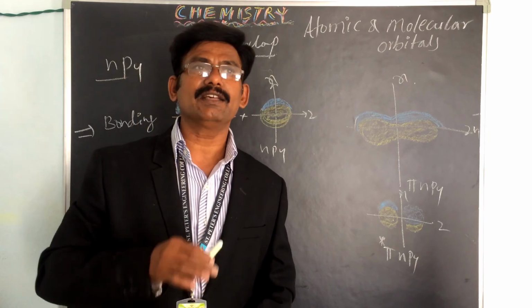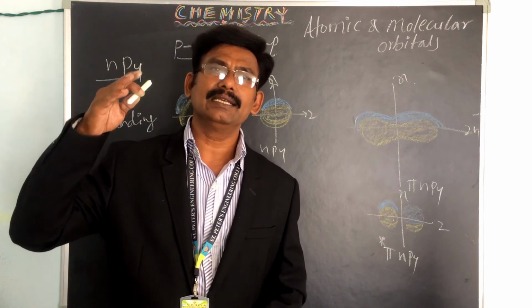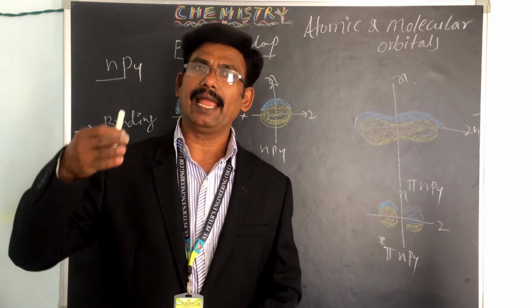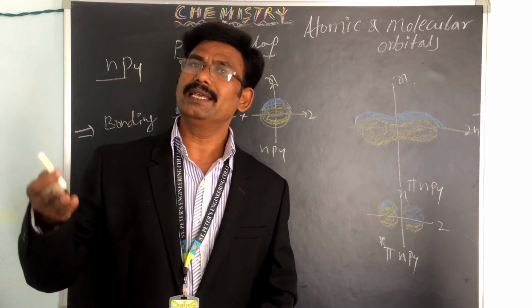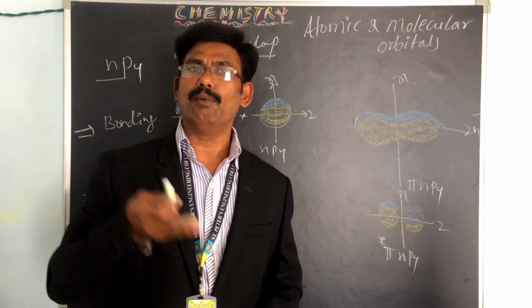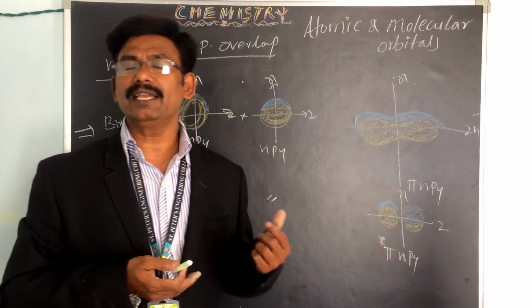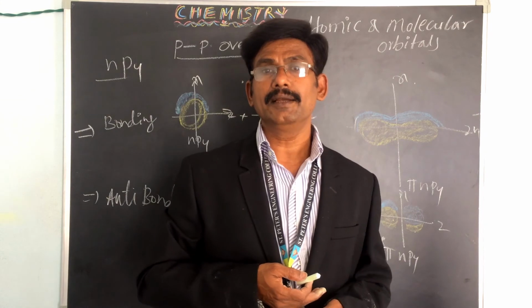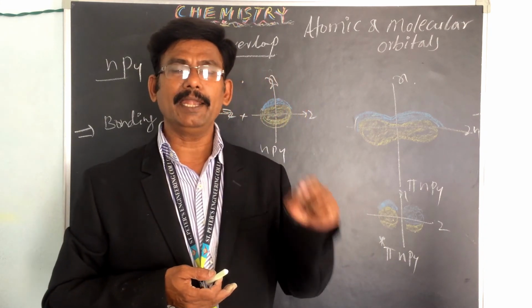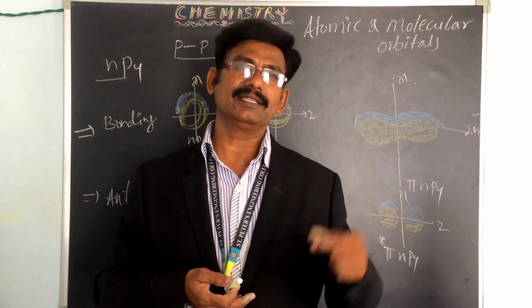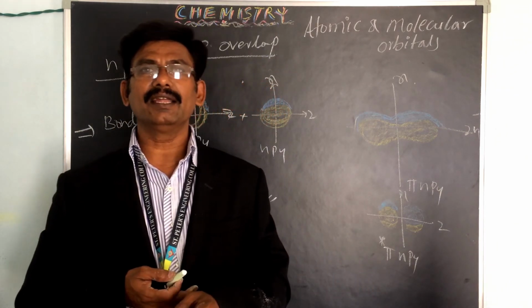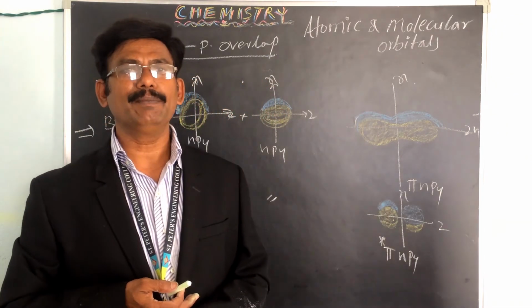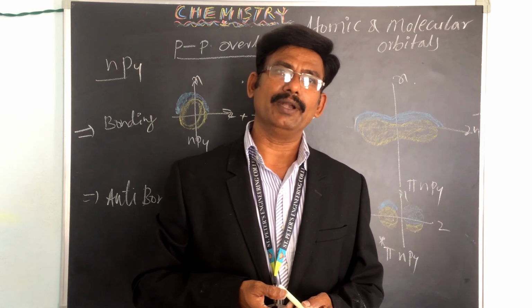NPZ is the formation of sigma bond and sigma star, bonding and anti-bonding. Sigma star is the anti-bonding, sigma bond is the bonding. And same thing, NPX and NPY, here the formation of pi and pi star bonds. Pi NPX and pi NPY are the bondings. And pi star NPY and pi star NPZ are the anti-bondings.